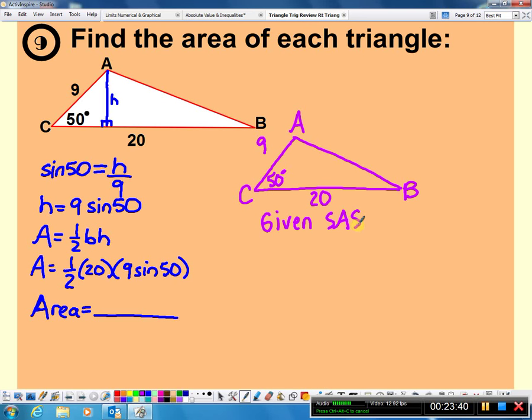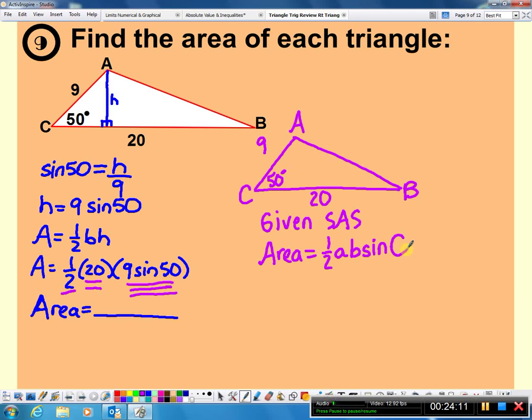The 1/2 here is part of the area formula that you need to memorize. The 20 here is the same thing as side little a on the triangle. The 9 is side little b on the triangle. And the 50 degrees is capital C. So for the triangle ABC, you can just use area equals 1/2 ab sine C.